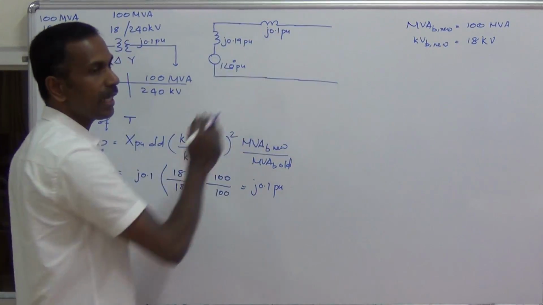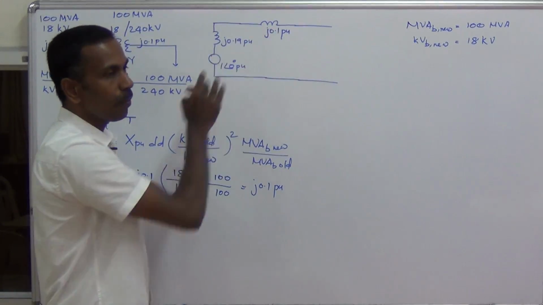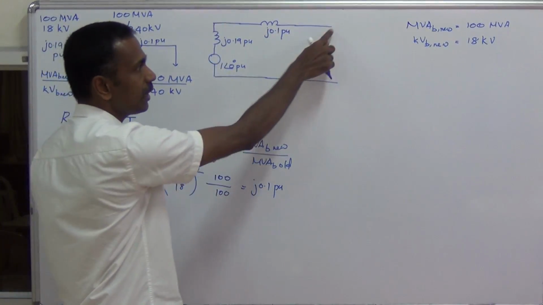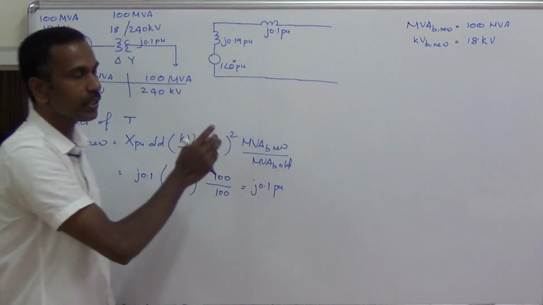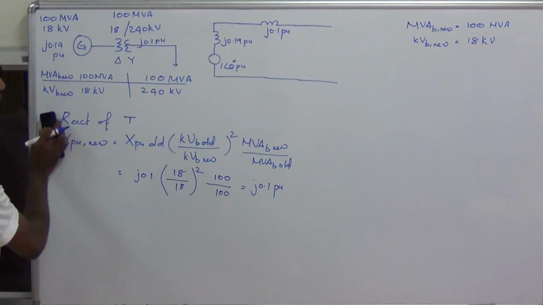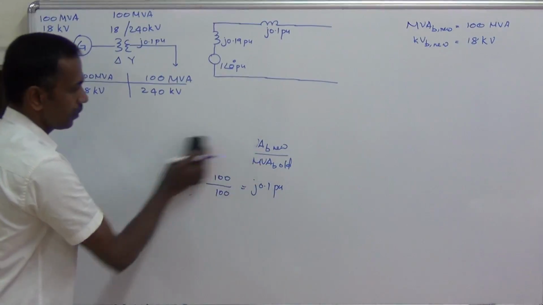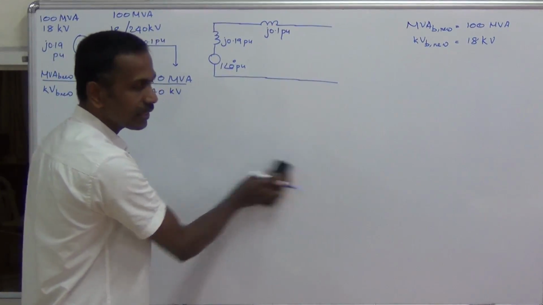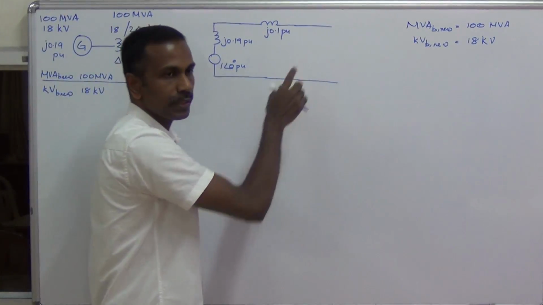So this is the reactance diagram with all per unit reactances. This is the fault point, because the fault occurs on the high tension side of the transformer. Our next step is to draw the Thevenin's equivalent circuit at this fault point.